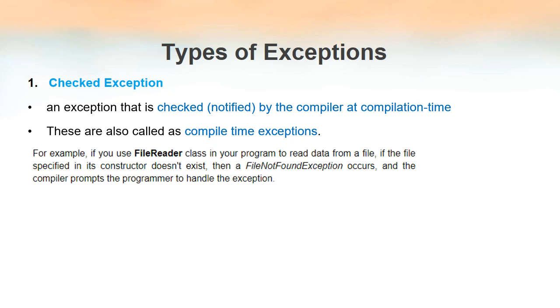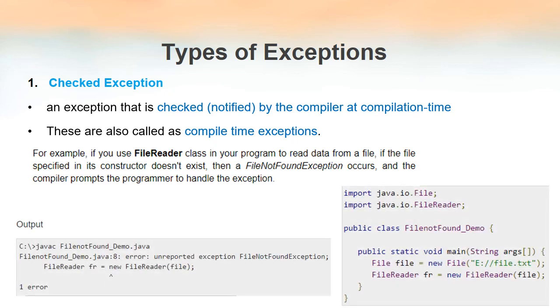Then we will get an exception known as FileNotFoundException. That is notified when we compile the program. Such exceptions that are notified by the compiler at compilation time are known as compile time exceptions or checked exceptions.